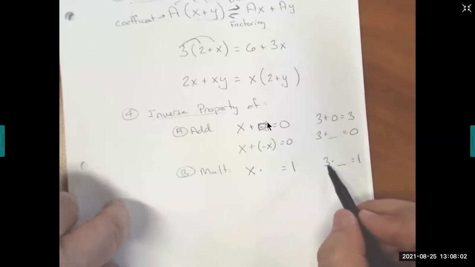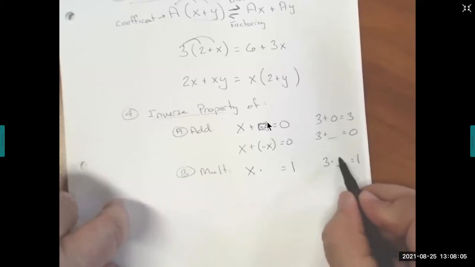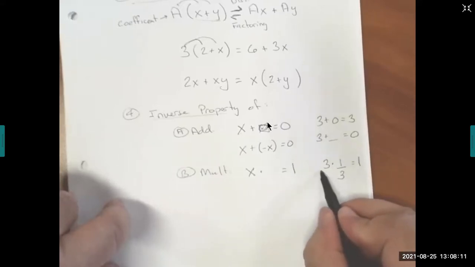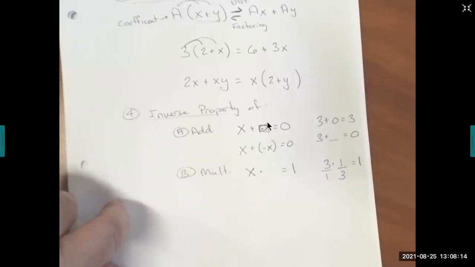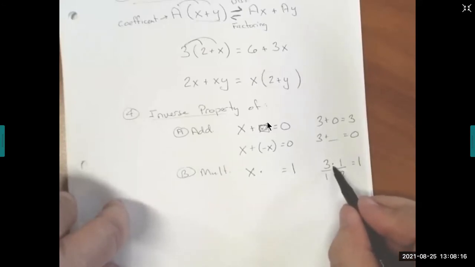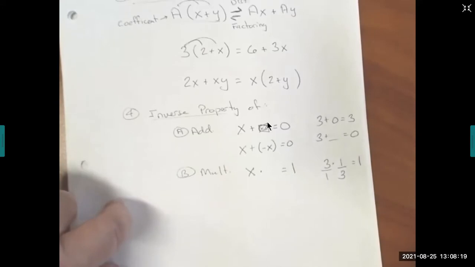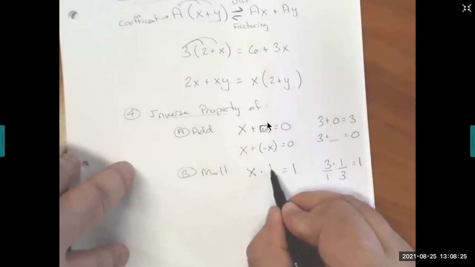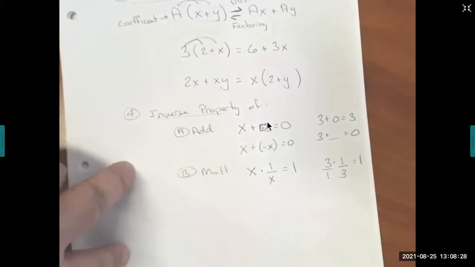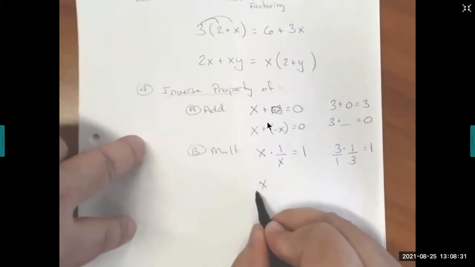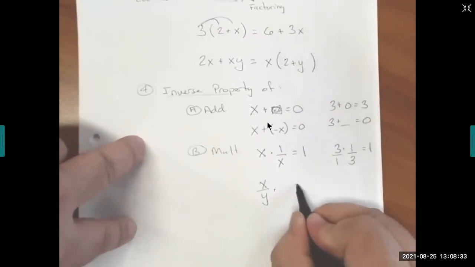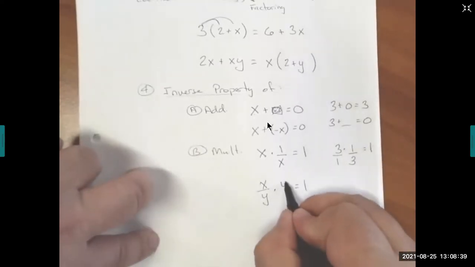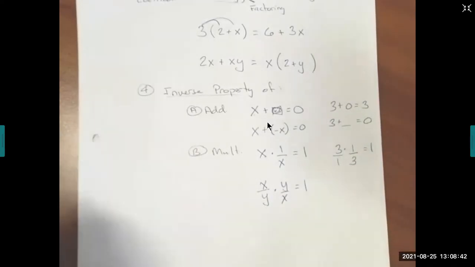Not 0, not -3. Because this number is 3 over 1. The way you get rid of the 3, since you're multiplying, is it has to be the same on the bottom. So the multiplication inverse of x is 1 over x. More so, if I have x over y, the inverse of x over y is what? Y over x. It's the reciprocal. It's the flip.